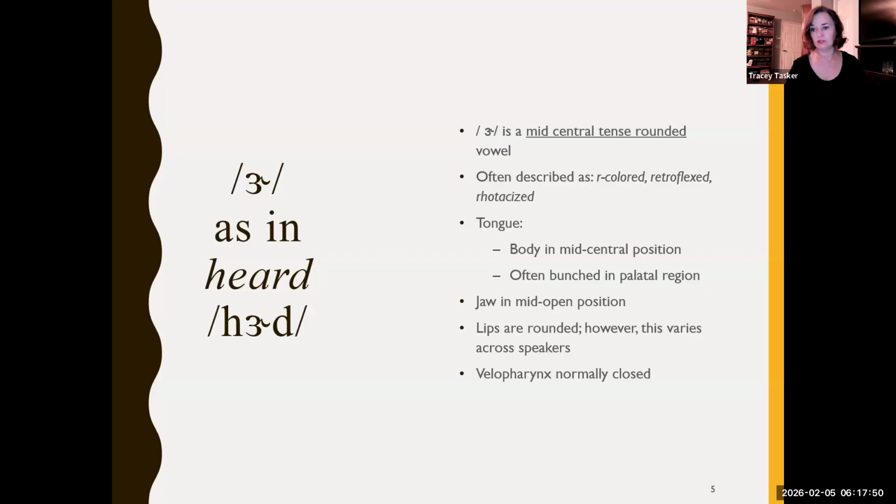Often we see this with kids who've been in speech therapy where they've been told to retract their lips to avoid that rounding into the w sound. The velopharynx is closed, and you'll become familiar as we go through it that, similar to the other vowels in this family.